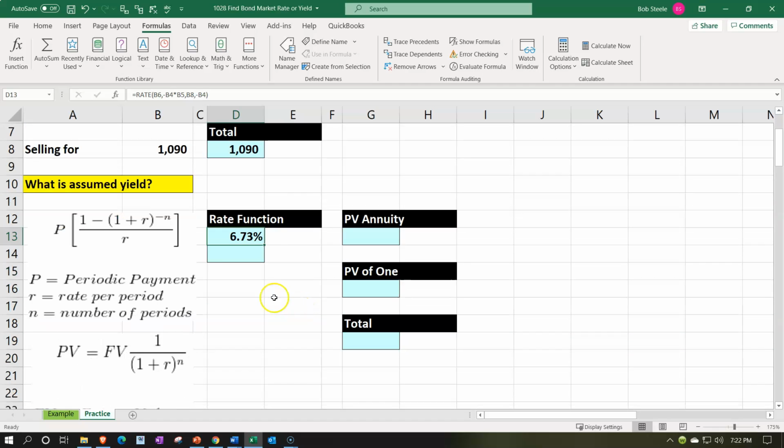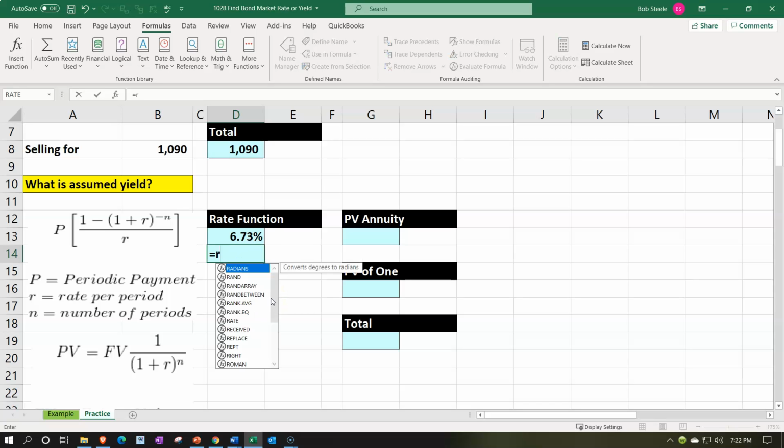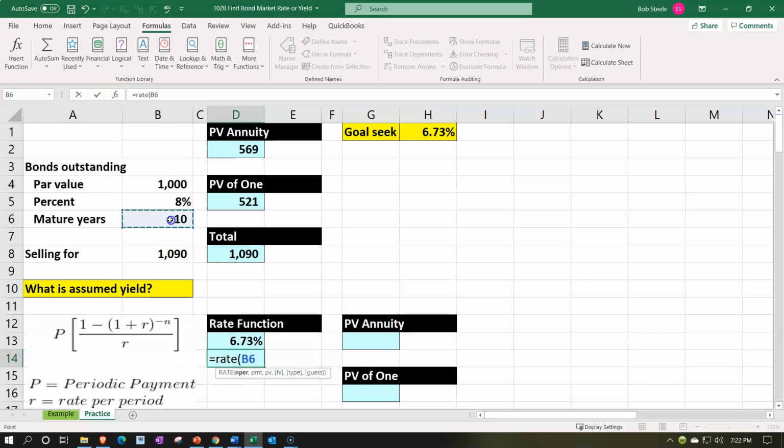Let's do it without the dialog box this time. We don't need the dialog box. We can just say equals RATE, Shift 9. The number of periods is going to be 10, comma, payment is going to be the 1,000 times the 8%, but that needs to be negative. So I'm going to put a negative before it.